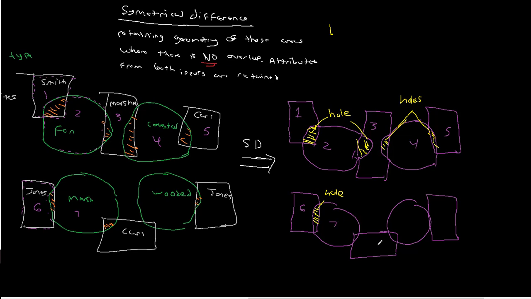7, 8, 9, 10. And again, any areas where there was overlap is now a hole.